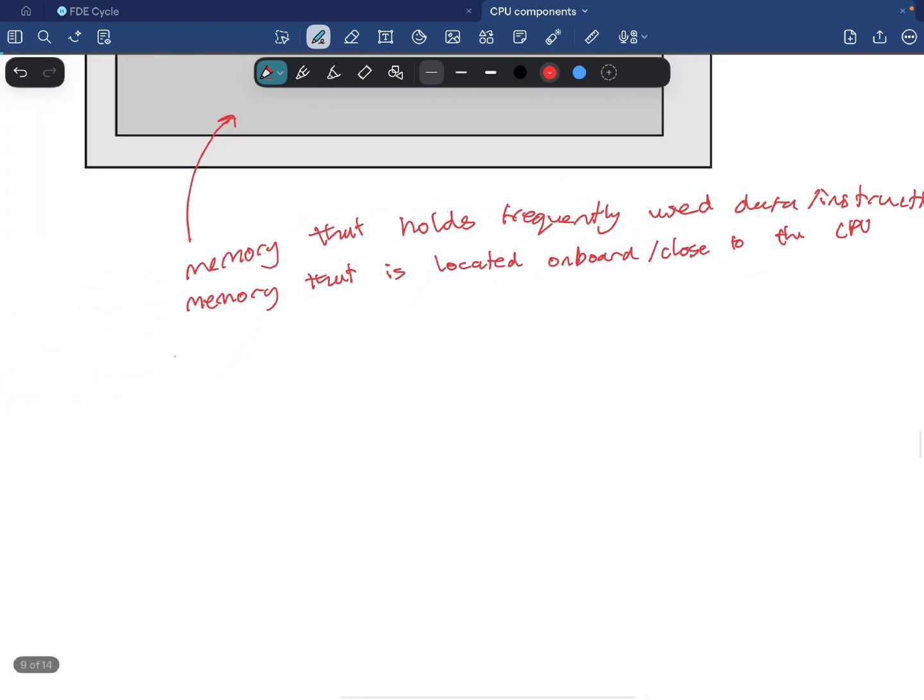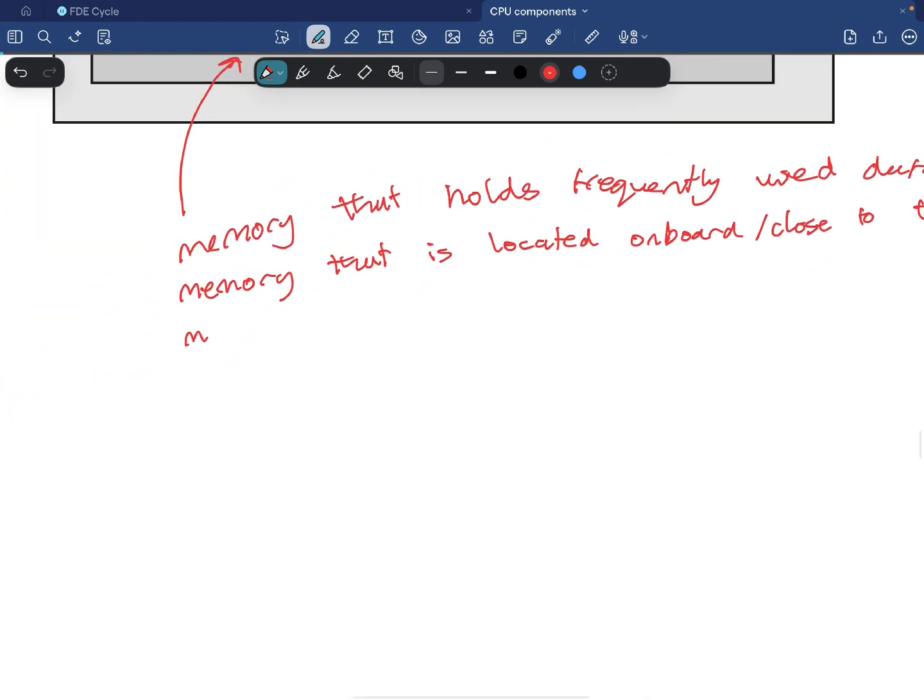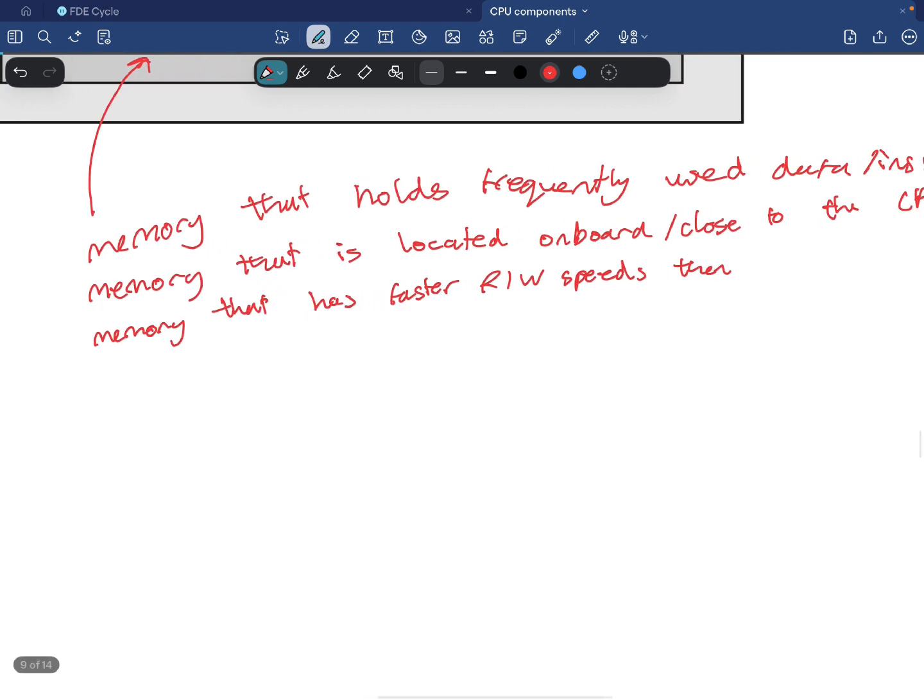And we said that it is memory that has faster read and write speeds than RAM.